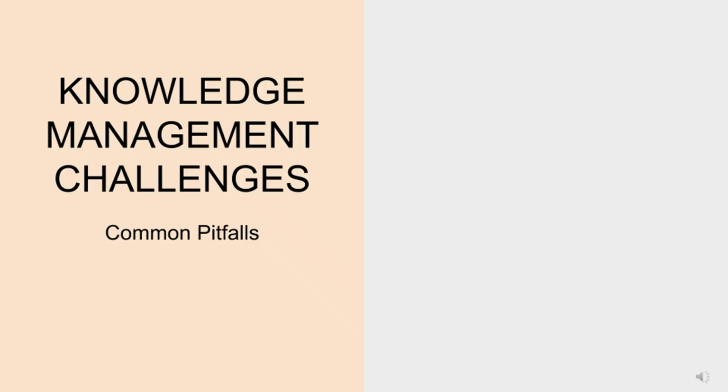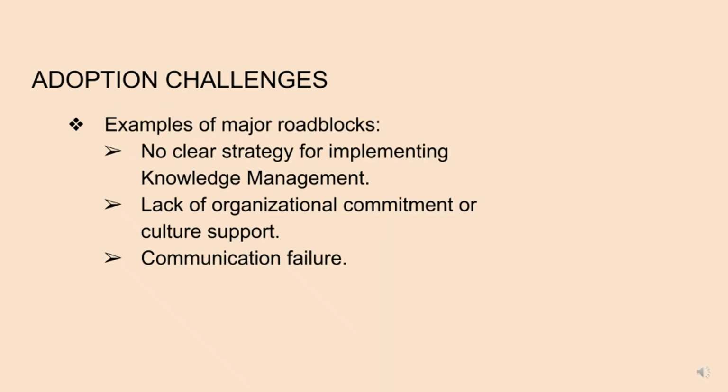Now, let's unpack some common challenges and pitfalls that I might run into with this project, or that someone might run into with any implementation for knowledge management. Some major things can create roadblocks. The biggest is having no clear strategy for implementing knowledge management.